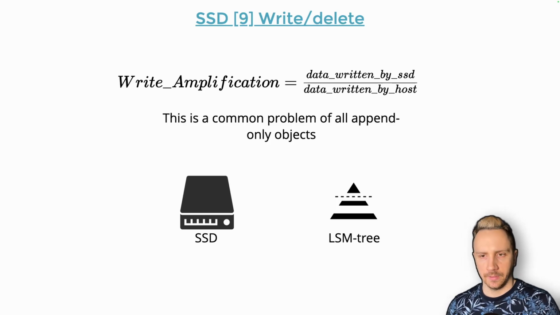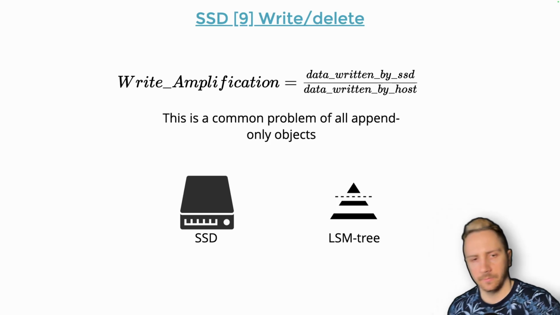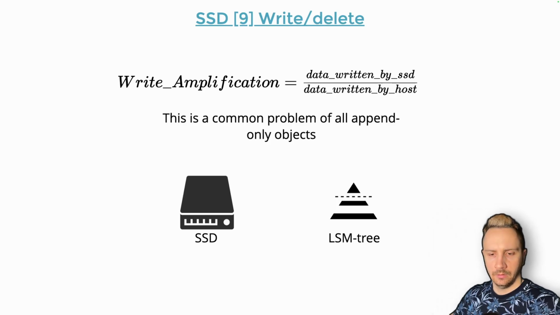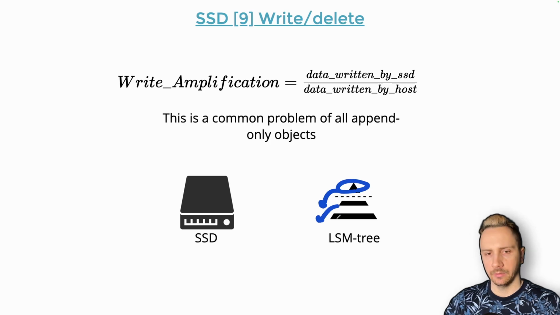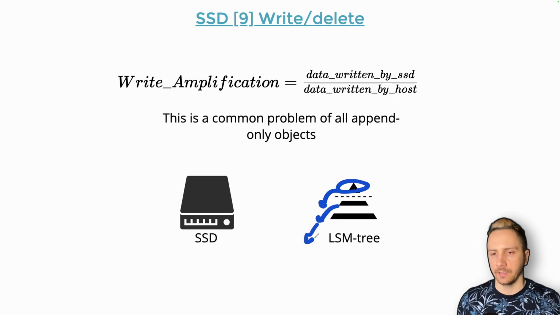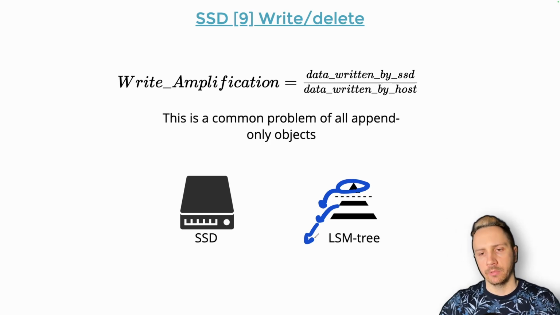It's a property of SSDs and of some data structures like LSM trees, where, as I explained before in this lecture, you write something into an LSM tree, into its top level, which is in memory. Then eventually it gets dumped on disk, and then multiple times it will get dumped into lower and lower files, merged and sorted with other files, and one piece of data might get written this way many, many times.